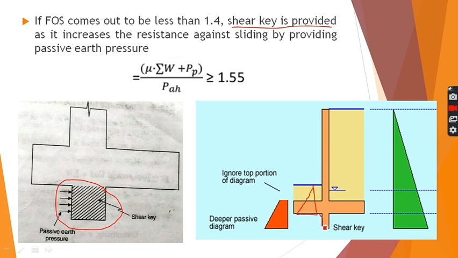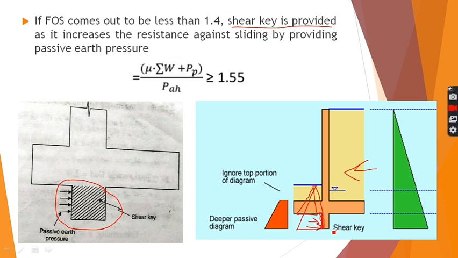If we extend our wall here, then we are providing this much extra area, so that extra restoring forces can act to counteract the sliding force. So I hope the concept of shear key is clear to you.